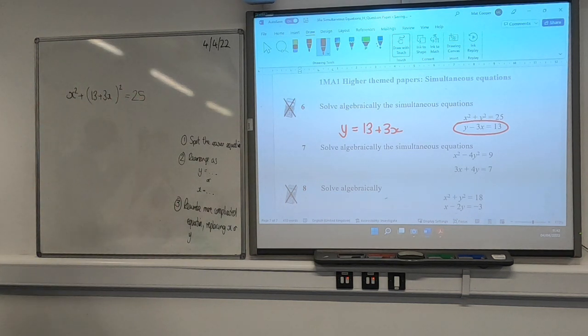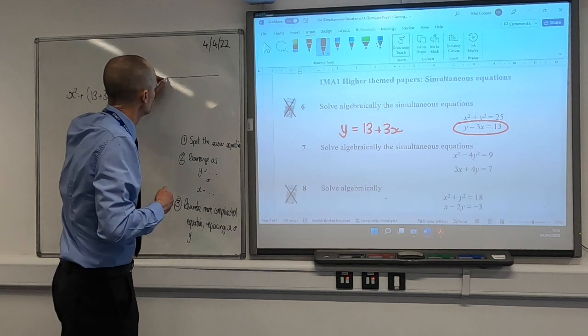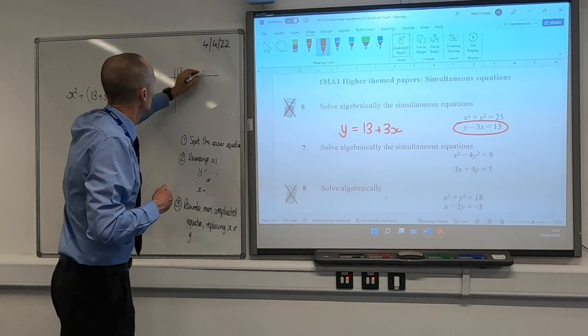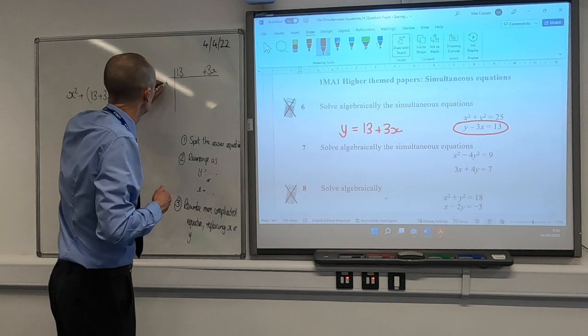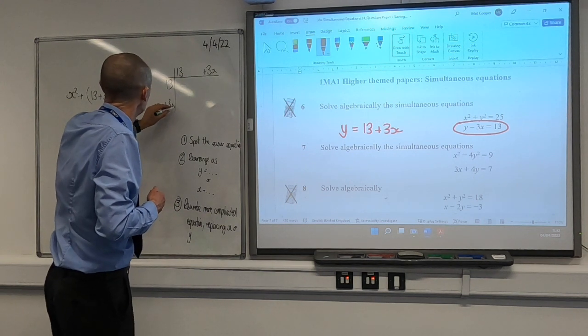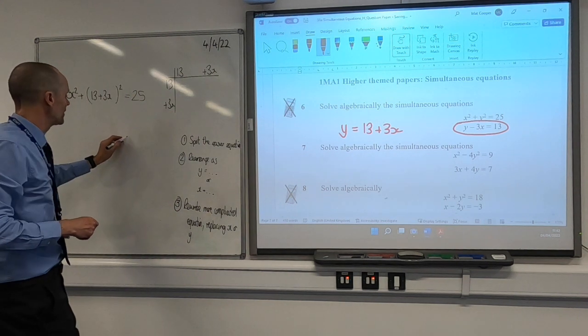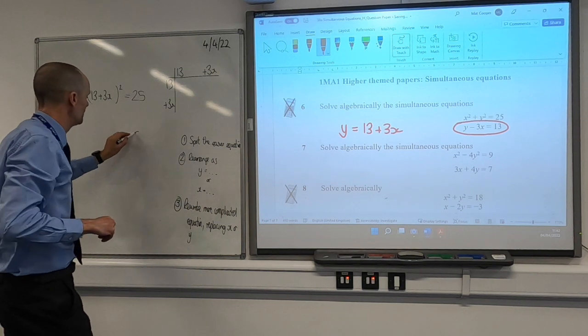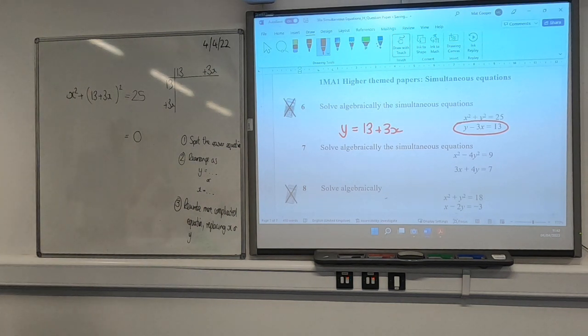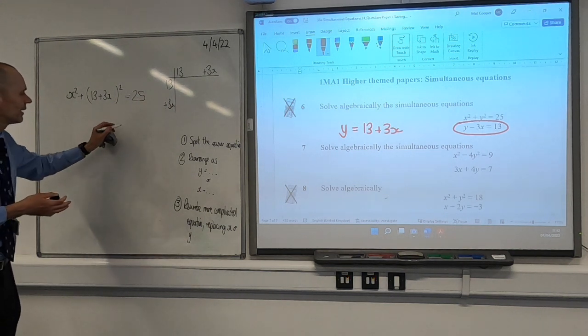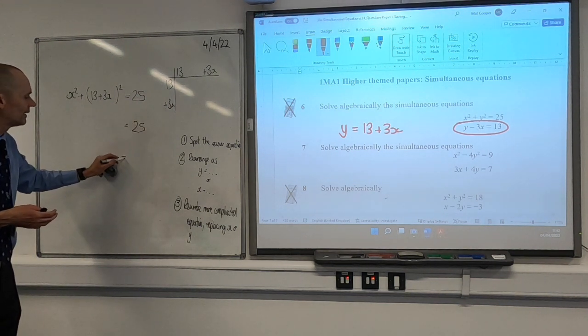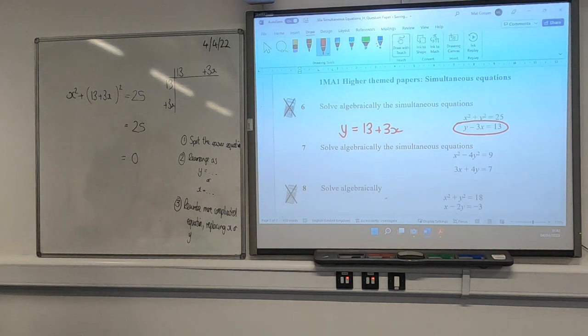And remember what we talked about last lesson. This is not 169 plus 9x squared. I've got to grid that out. So can I get you to grid that out for me? 13 squared is 169. And then can you line it up? We'll ignore the minus sign, the no calculator sign, because we know. Once you've expanded it and written it all out, can you line it up with a 0 on the right hand side?